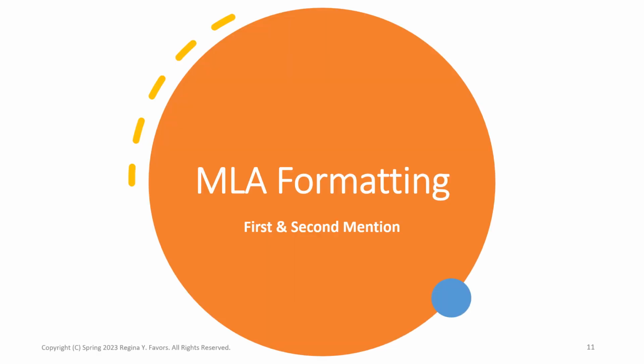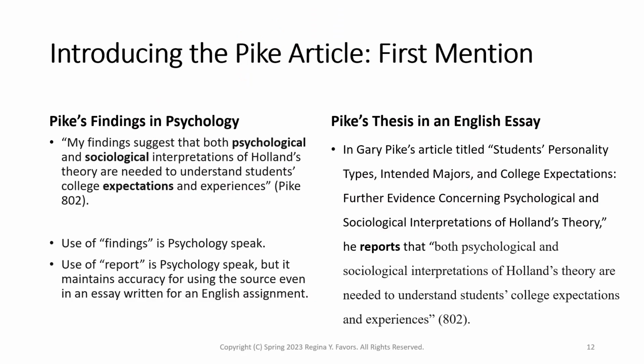So let's look at some MLA formatting for first and second mention. Remember, anytime you mention a source the very first time for MLA standard, you need to give or provide full name of author, full titling of work. After that, you can reference the author by last name and then an abbreviated title if necessary.